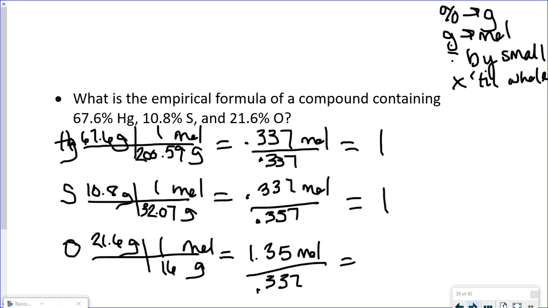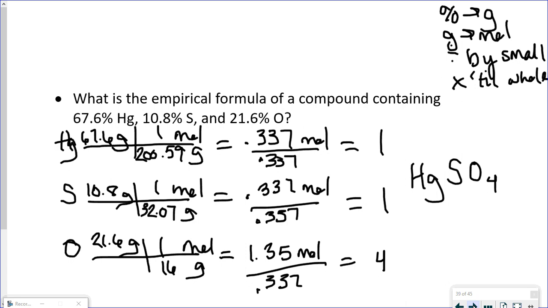For oxygen, 1.35 divided by 0.337 is equal to 4.00, so 4 exactly. Since everything is a whole number, we do not have to do that last step and multiply till whole. So our empirical formula, remember these numbers are our subscripts. So our empirical formula is mercury with a subscript of 1, sulfur with a subscript of 1, and oxygen with a subscript of 4.